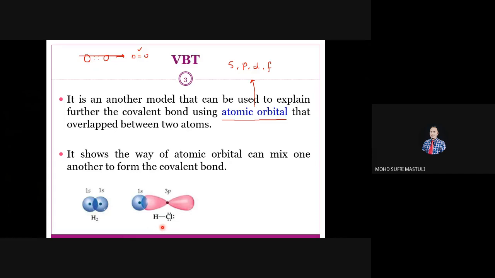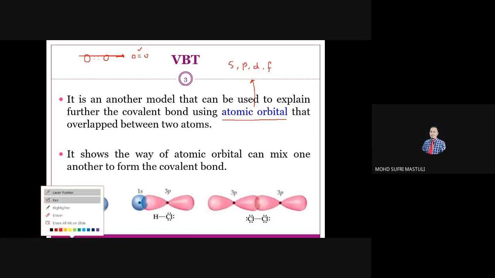Hydrogen chloride is between s with p orbital, and chlorine is between p orbital with p orbital. So your task is you should be able to identify which orbital is involved in bonding.